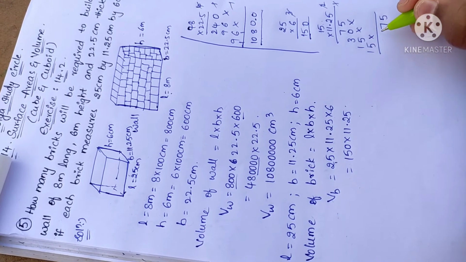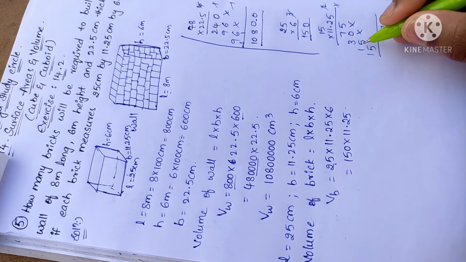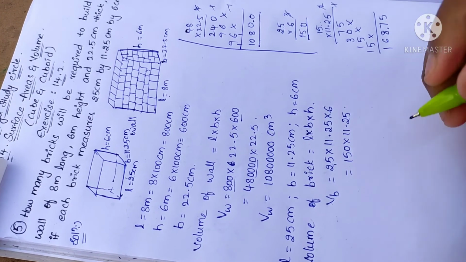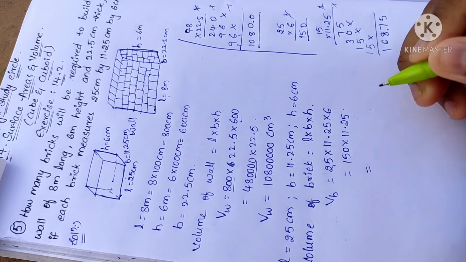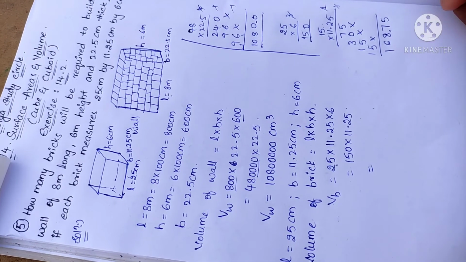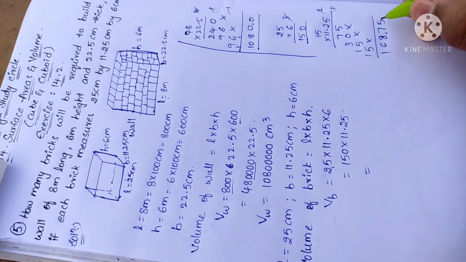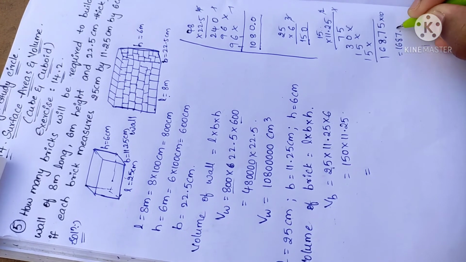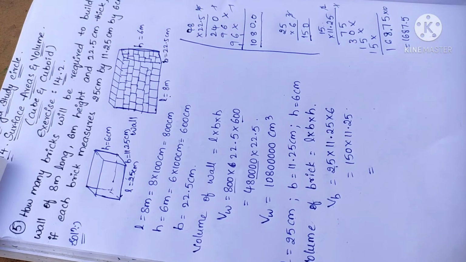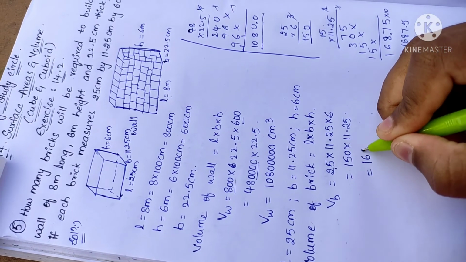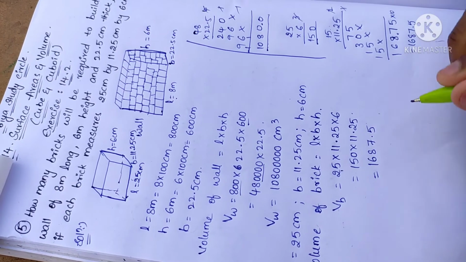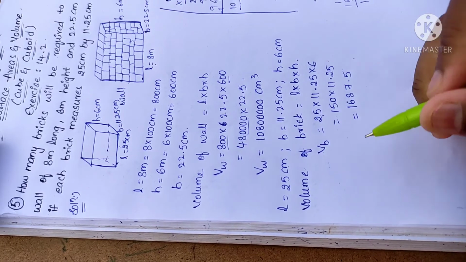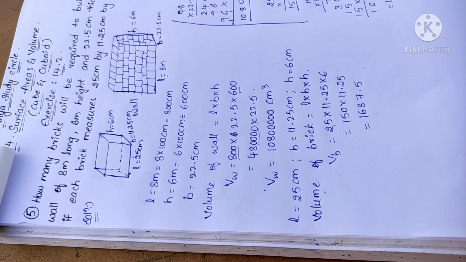We have 168.75. Here we have point before 2 digits, so we put point before 2 digits. But here we have 10, so into 10, then we get 1687.5. So this is the volume of the brick, 1687.5 centimeter cube. So here we have volume of the brick and volume of the wall.